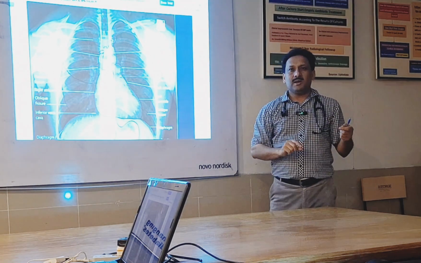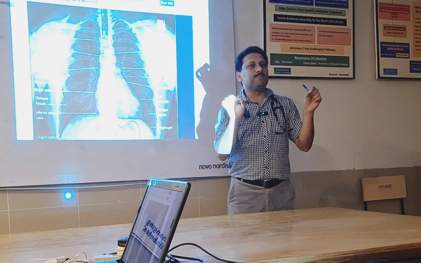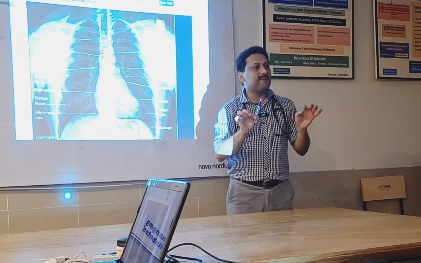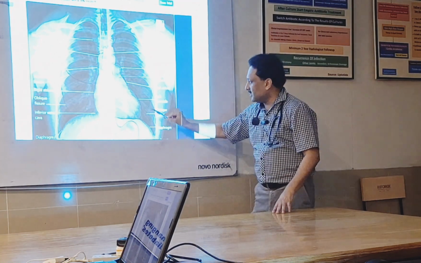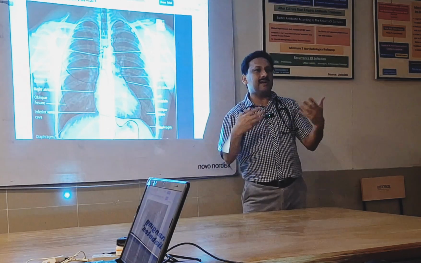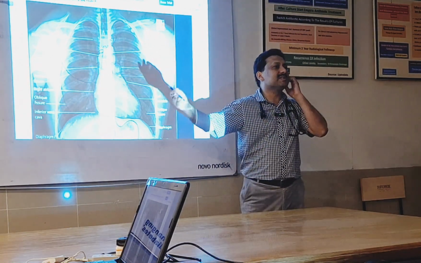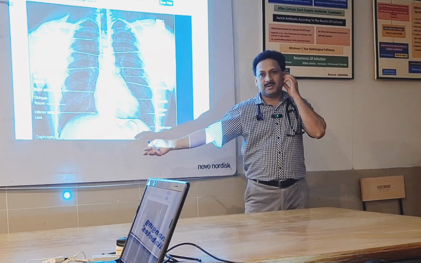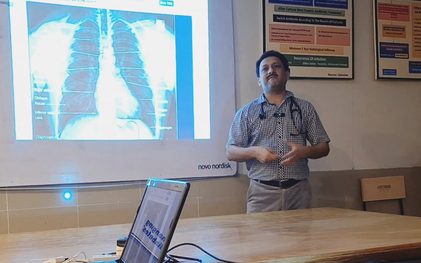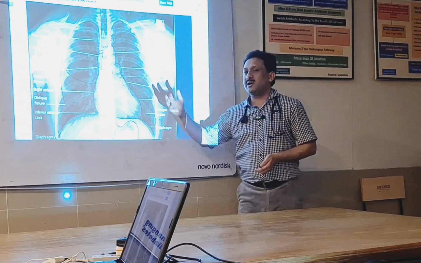Respiration. If the X-ray is taken with poor inspiratory effort, what happens? The bases of the lungs turn hazy. These are the bases of the lung. These will turn hazy. You might develop an impression that probably there is some opacity there. So this is very important, that a patient should have an X-ray with proper inspiratory effort.